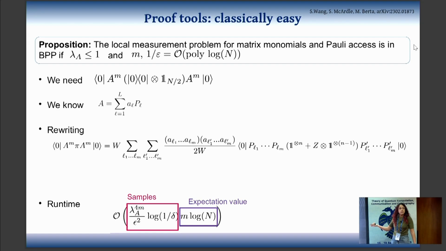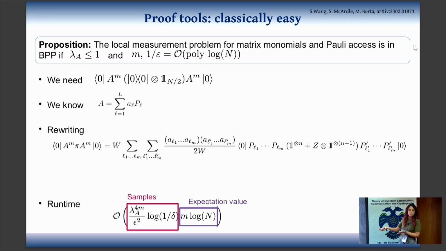And calculating the number of samples that you need for a given precision, you get that number. It depends on the Pauli norm. It's exponential, because m is polylog n, so this is in general a large sample complexity, so in general it's not efficient. But if lambda is below 1, then this is smaller than 1, so the number of samples is polylog n. So this is the algorithm.